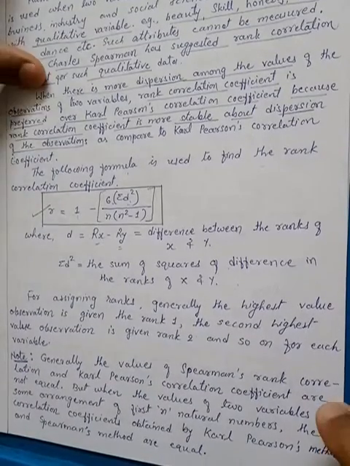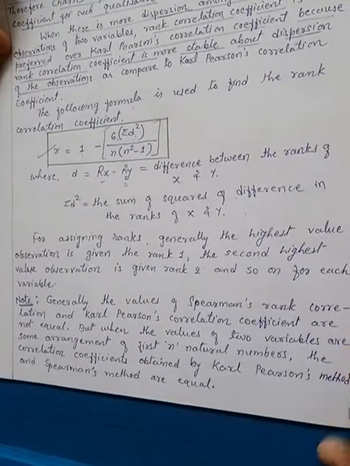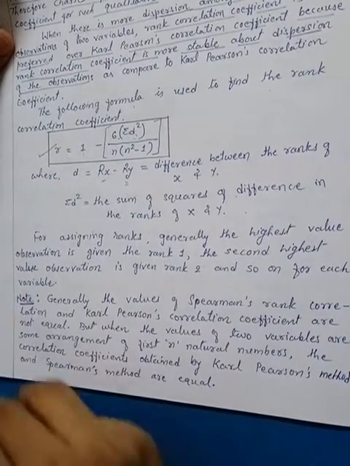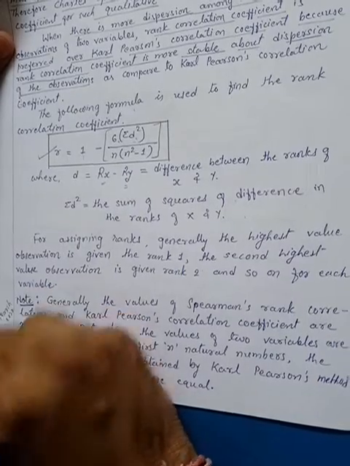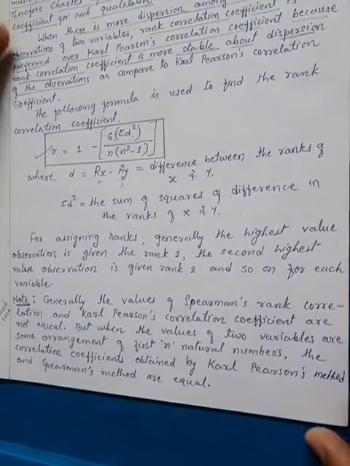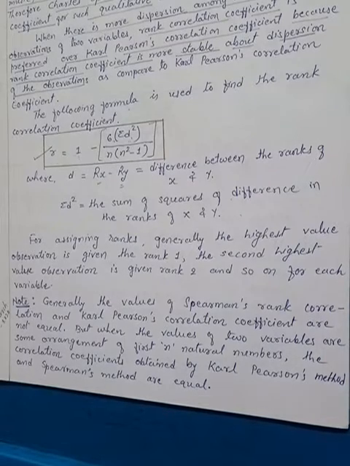Now, this last note is important. This question was asked in the last board exam, March 2020, as a 1 mark question. Both methods are different methods, remember this first of all.